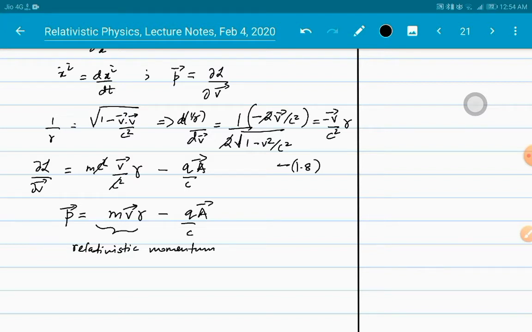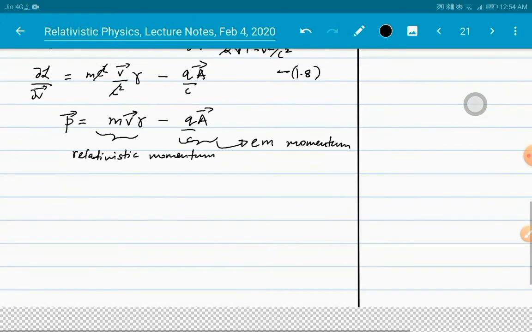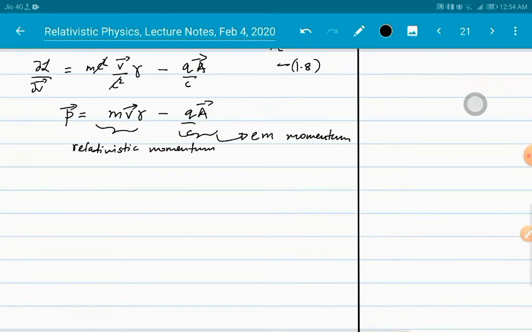But now we have an extra term, and this extra term is coming from the presence of the electromagnetic field. So we can refer to this as the electromagnetic momentum, and we will see what the consequences of this are shortly.